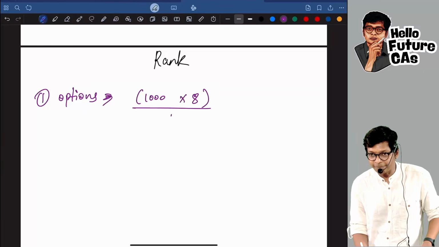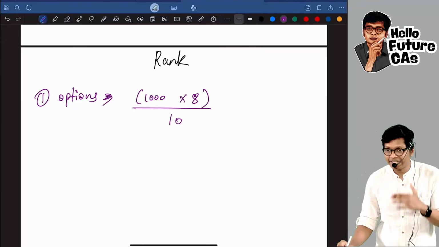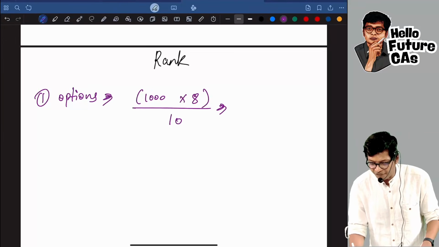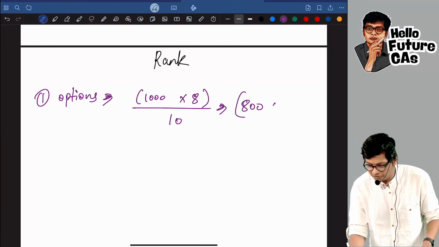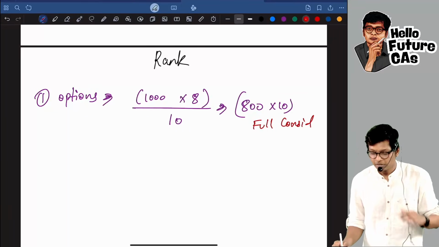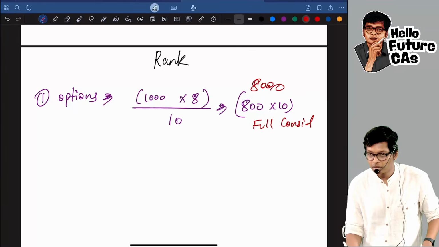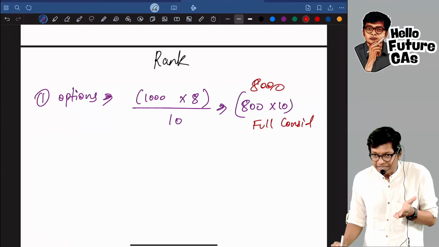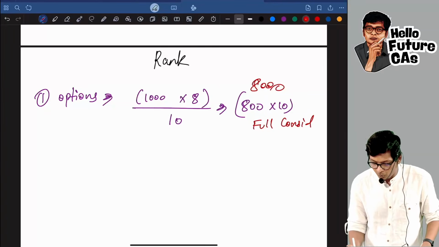What is the market price? 10 rupees, given in the next point. Therefore, effectively 800 shares into 10 is the full consideration, which is nothing but 8,000. Correct? So, if 800 into 10 is the full consideration, what is the free part?